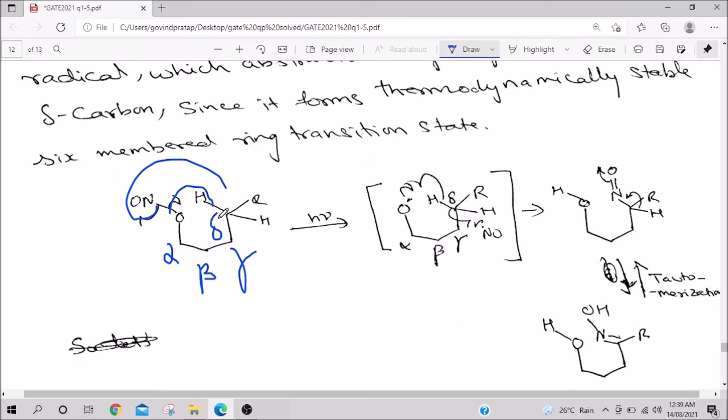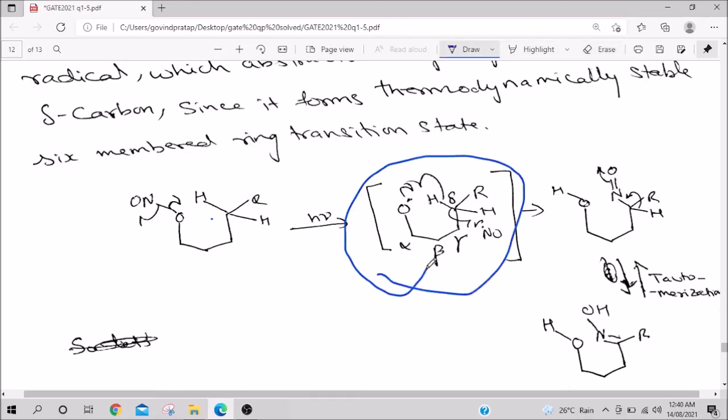Why does it happen on the delta carbon? Because you are getting a very stable 6-membered transition state. A 6-membered ring is both kinetically and thermodynamically favored, more so thermodynamically favored.